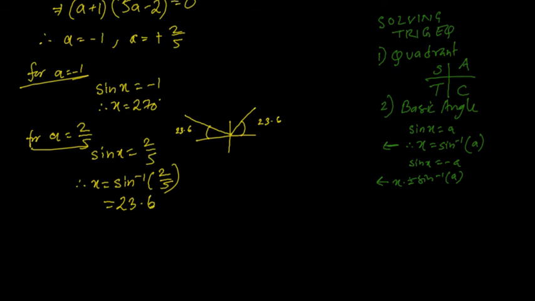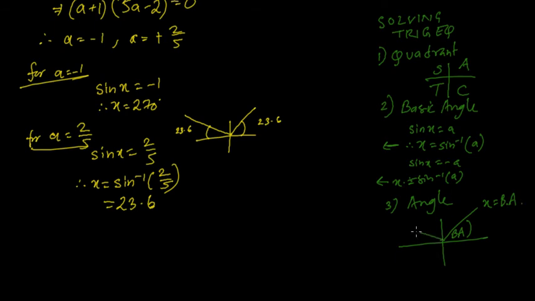So now step 3 is calculating the angle itself. Now remember, if it's in the first quadrant, this is the basic angle, so the angle that you're looking for, x, is equal to the basic angle.